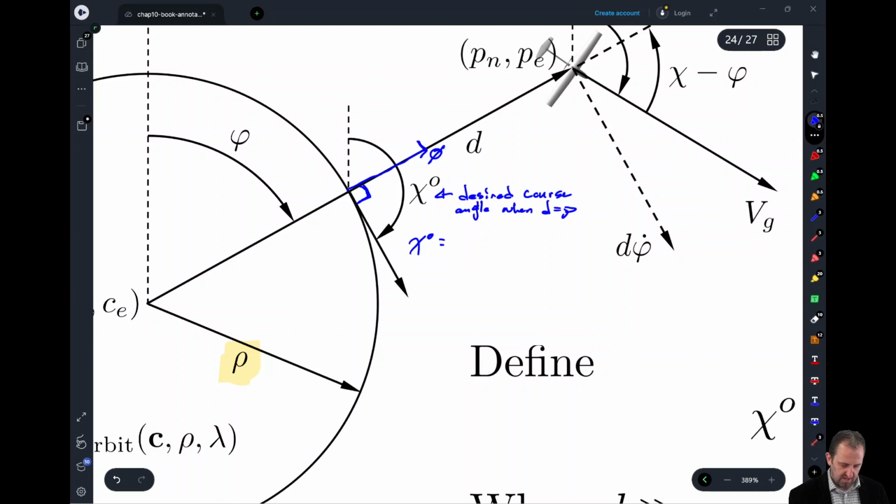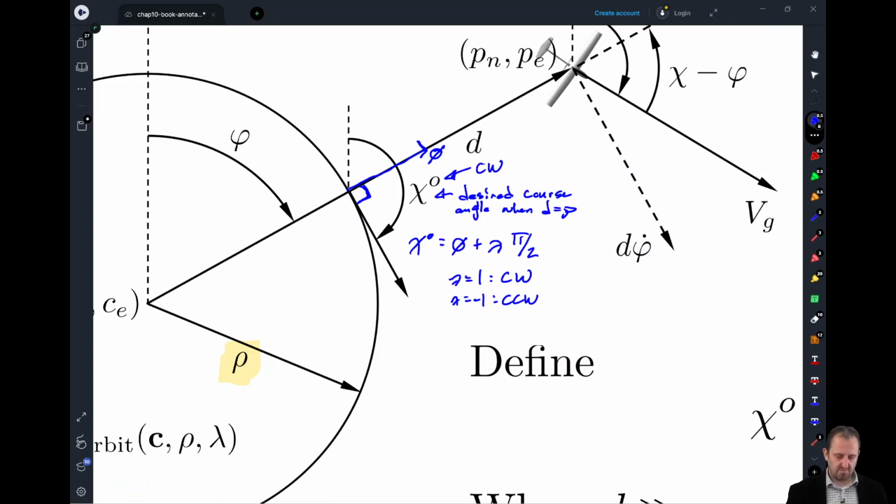So it's phi plus lambda times pi halves, where lambda equals 1 is clockwise, lambda equals -1 is counterclockwise. If you think about it for just a second, we should see that that's the clockwise choice. So if we're right on the circle, that's how we want our desired orientation to be.